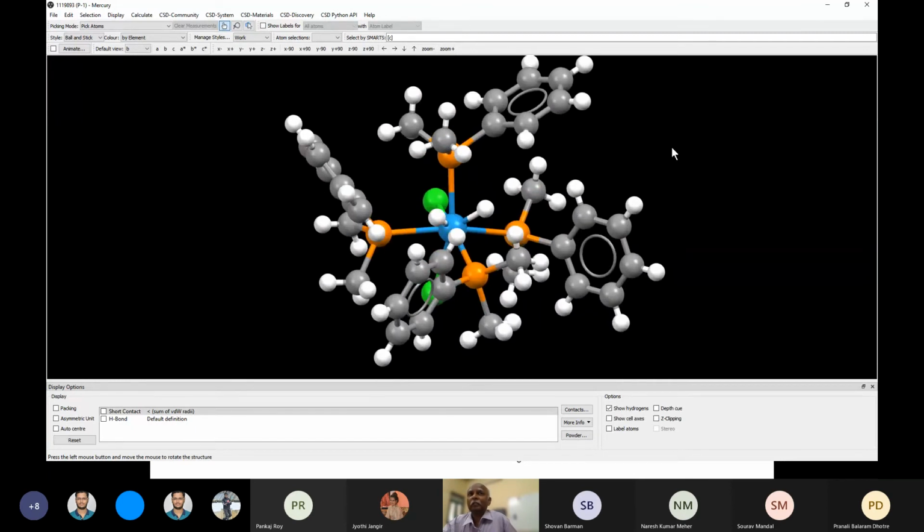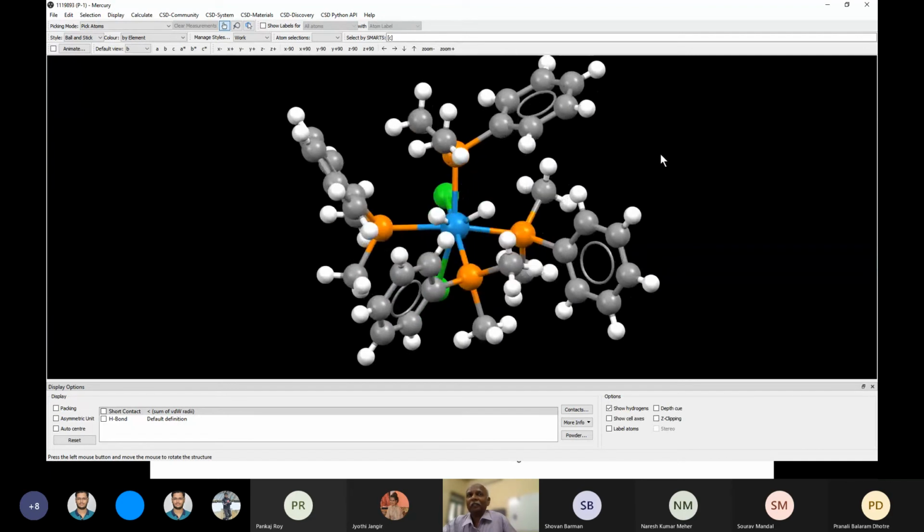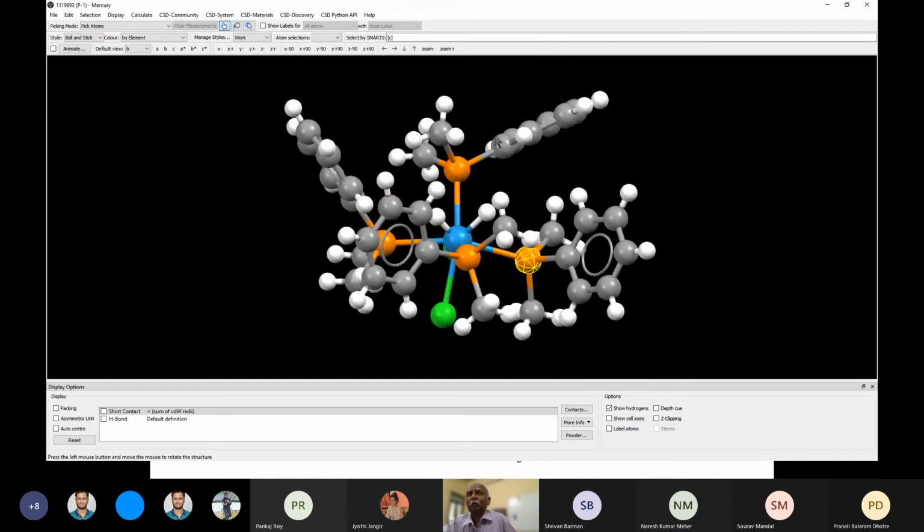What they have done is they have reduced the steric congestion around the phosphorus. They have put two methyl groups and one phenyl group. And the moment you have put two methyl groups, this phosphorus becomes more electron donating.